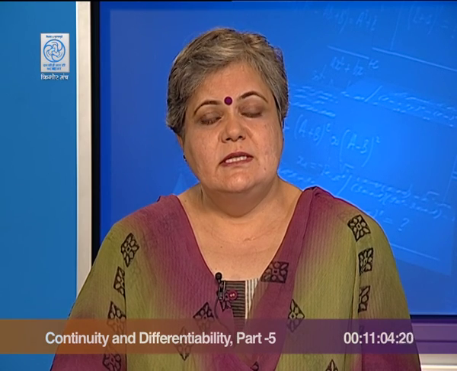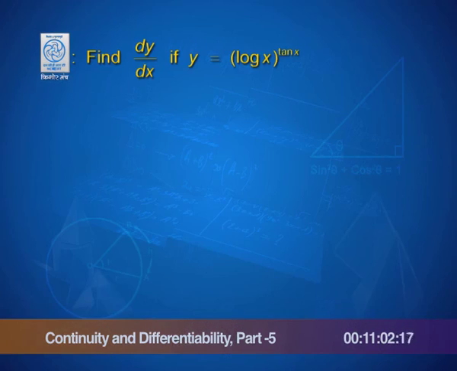Let us demonstrate the process known as logarithmic differentiation through a simple problem. Find dy by dx if y is equal to log x raised to the power tan x. So, we begin with our function y equals log x raised to the power tan x.